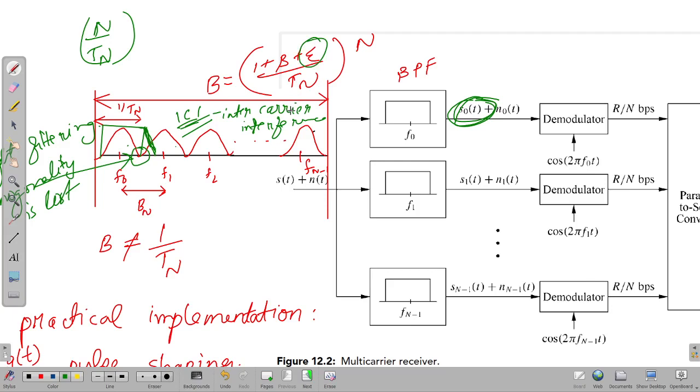So because of all that, you need additional bandwidth. The excess bandwidth you are using is (beta plus epsilon) divided by Tn, times N. So that is the second point I want to make.